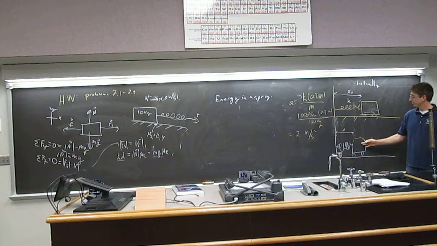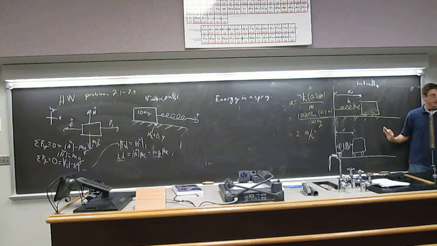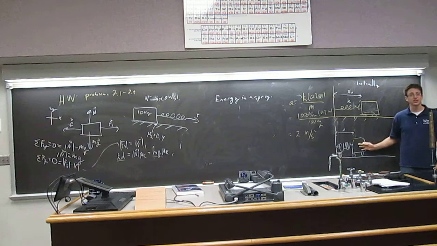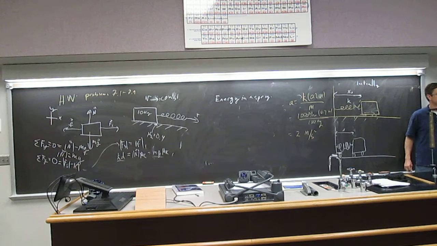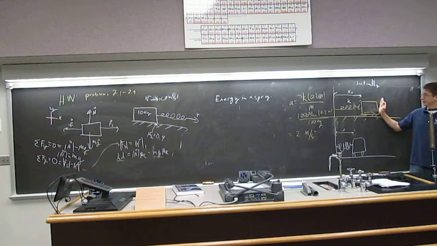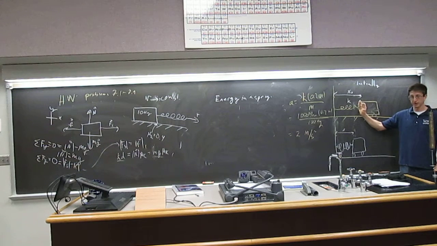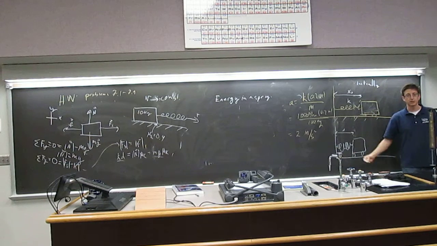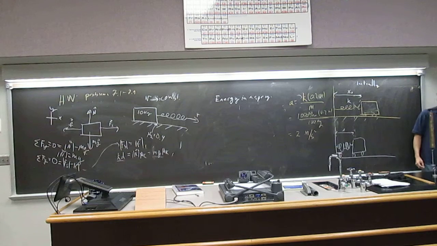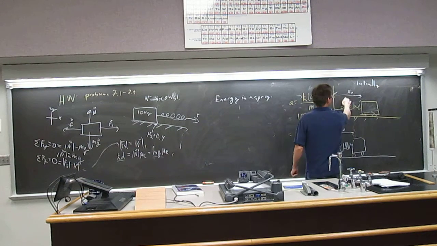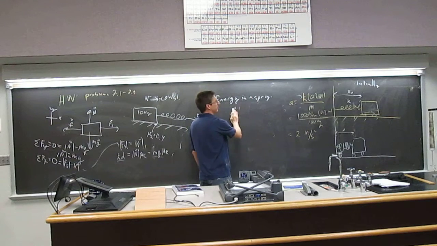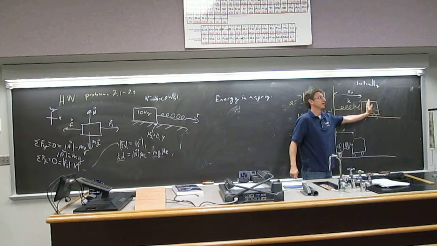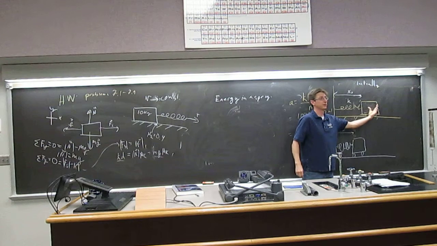In order to compress the spring, and not accelerate it, keep it moving at a very slow, constant speed, I have to exert a force that's equal to that Hooke's law force at every point. So if I start here and I compress it, I have to keep exerting a bigger and bigger force to compress it more. The force that I'd have to exert at the beginning would be 0, because the spring's at its equilibrium point.